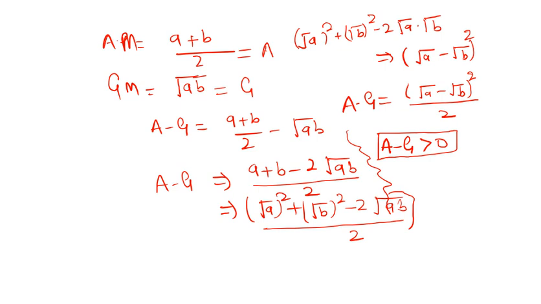In that case, arithmetical mean is always greater than geometrical mean. We have to remember this property, that the arithmetical mean for any two numbers is always greater than its geometrical mean. This property used to be asked in various examinations, so you have to remember it.